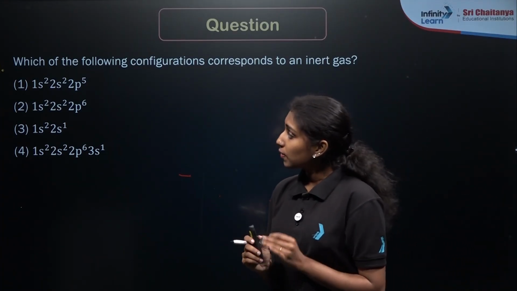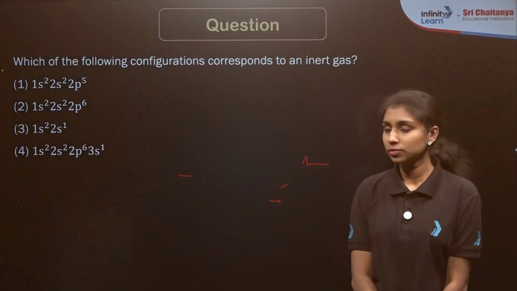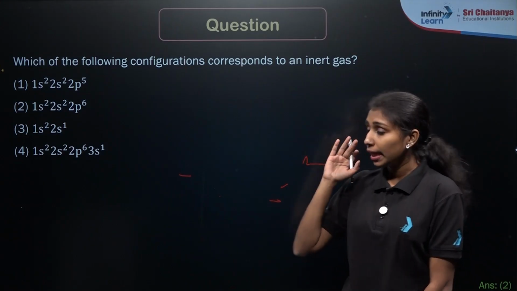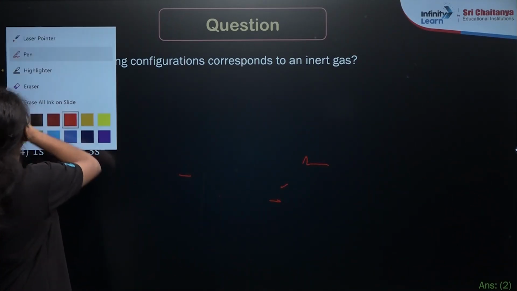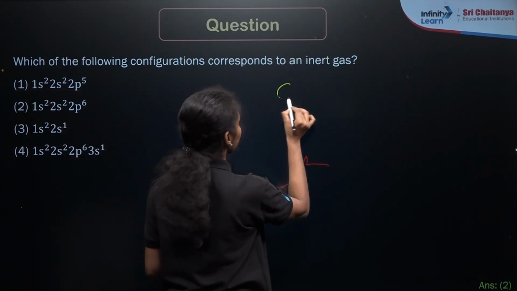Our first question is, which of the following configurations corresponds to an inert gas? So what will be our answer? So it will be answer 2, right? In the case of p block elements, we divide them into groups 13 to 18, right? For example, group 13.